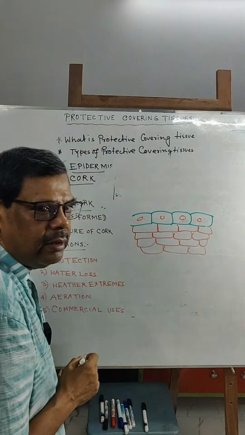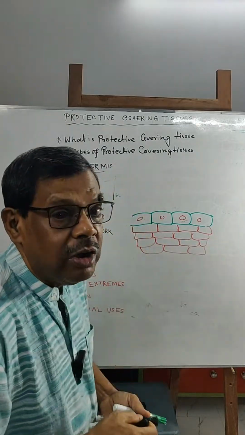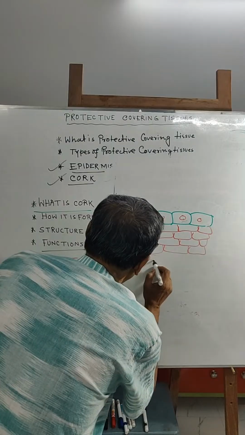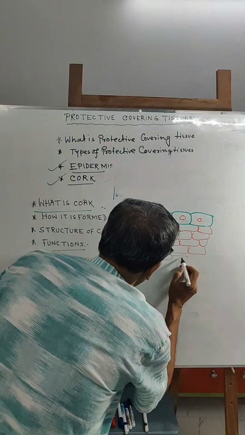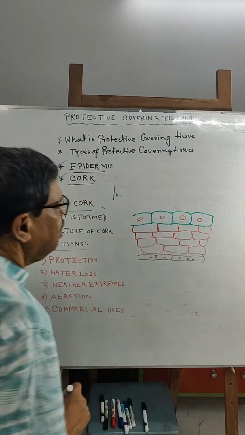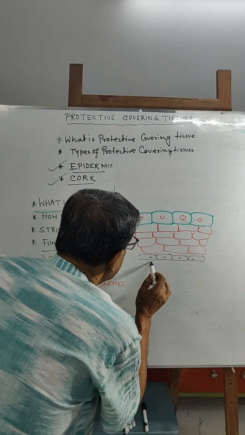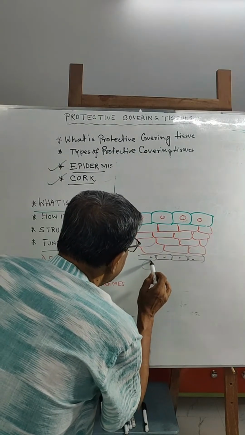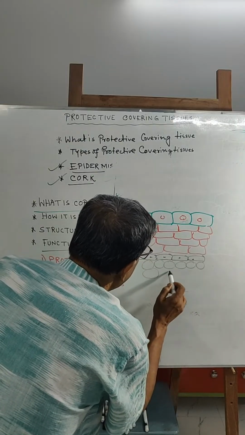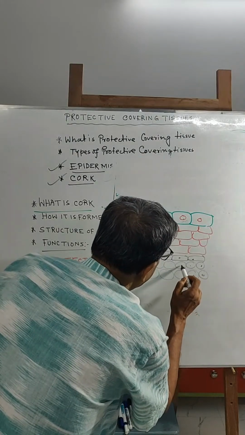This is the cork cell or phellem. Next, the phellogen or cork cambium. This is the living cell. Underlying the phellogen or cork cambium is the phelloderm.